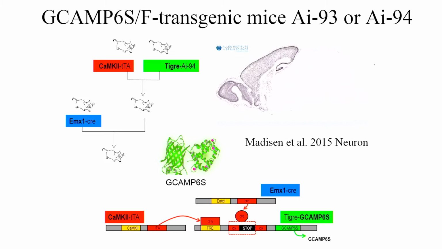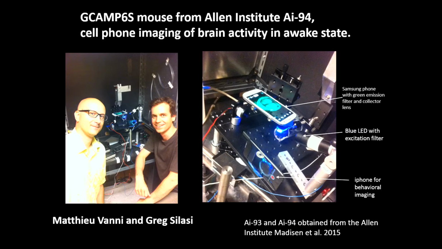So I'll skip ahead. So we've been doing this with the Allen Institute GCaMP6 slow and fast lines, Ai93, Ai94 are some of them that we've worked with, and we've used Emx-Cre driver to get expression in excitatory neurons.